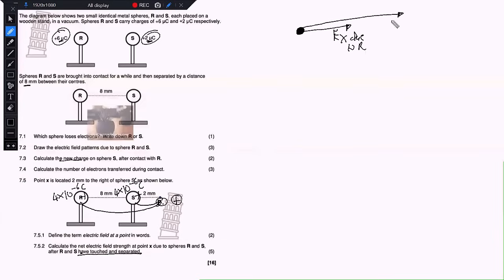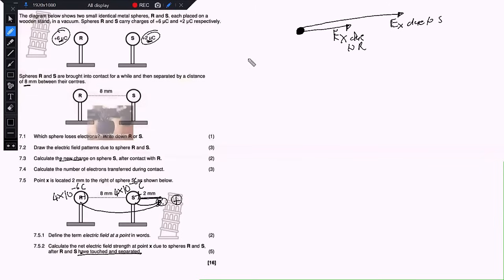So now this is E of X due to S. Now, why am I making this one longer than that? It's because the shorter the distance from the point charge, the more electric field it will exert on the point charge, right? So here there is a greater electric field between the two as compared to that one, whereby there is a larger distance between the two charges, right?